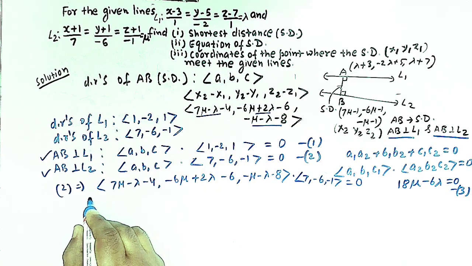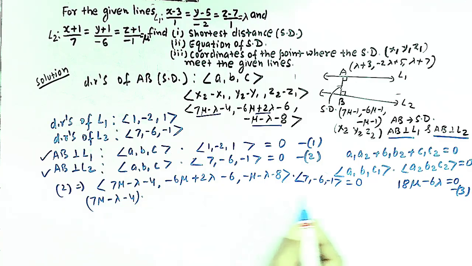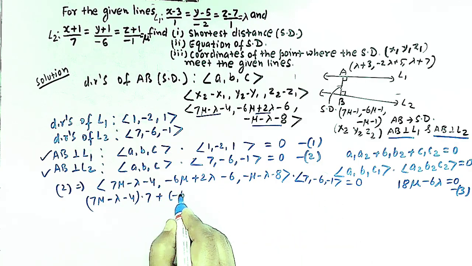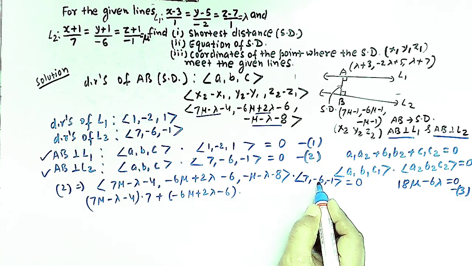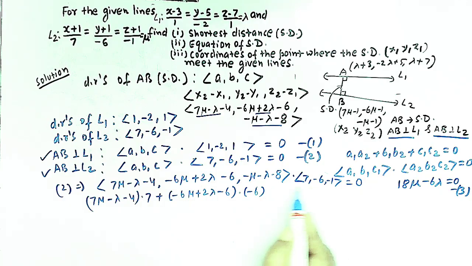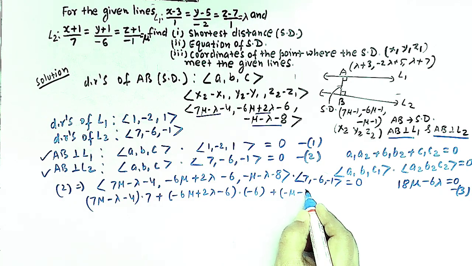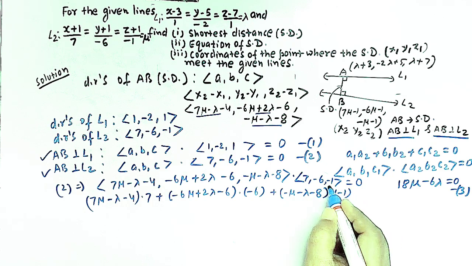So now we have 7 mu minus lambda minus 4 times 7. Then we have minus 6 mu plus 2 lambda minus 6 with minus 6. So here we have the product of these two numbers. And then we have minus mu minus lambda minus 8 times minus 1 is equal to 0.